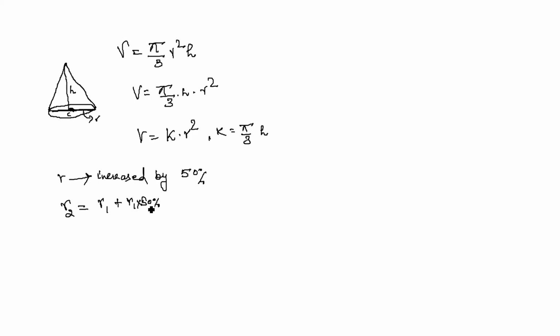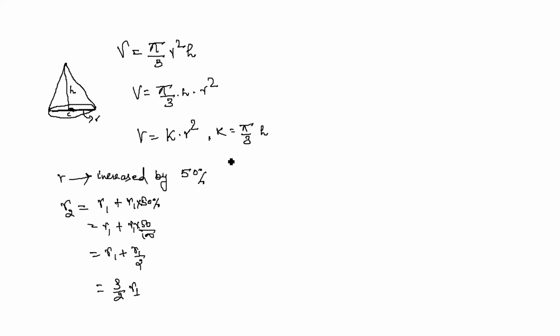So 50% means 50 by 100. So we can write r1 plus r1 into 50 by 100. It means r1 plus r1 by 2, so we can write it as 3 by 2 r1.